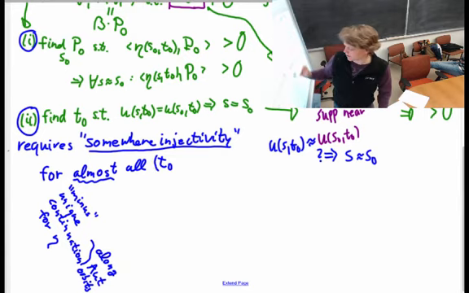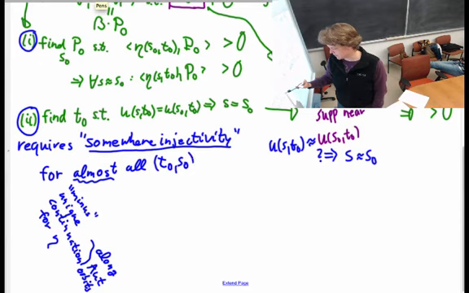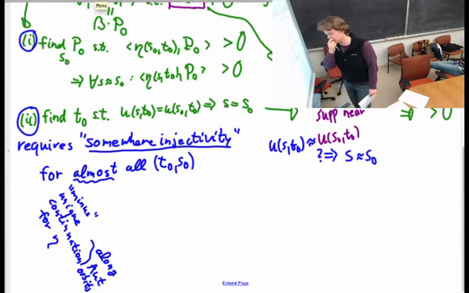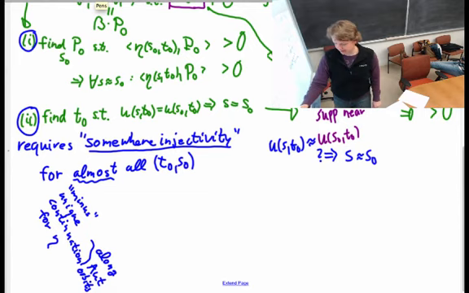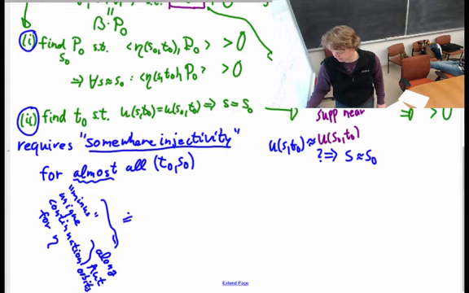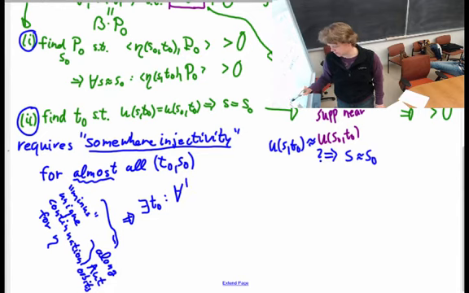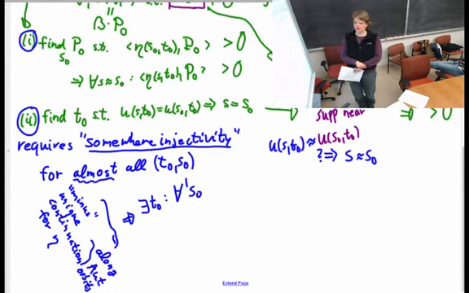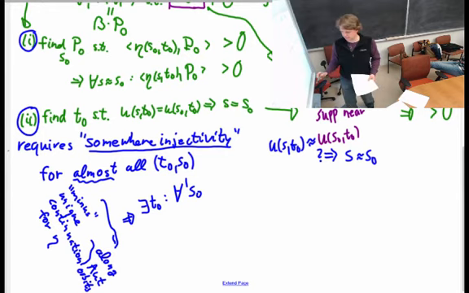The simple thing would have been to say that for almost all T0s, S0, I have unique somewhere injectivity. And what this means here is I just need some T0 such that for almost all S0, I have unique continuation.